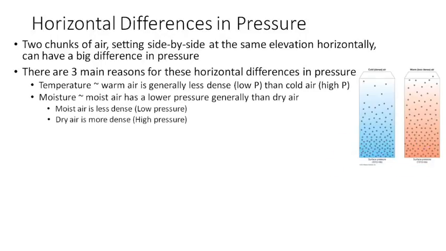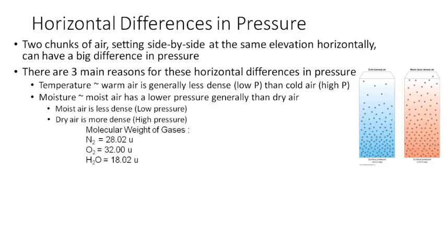Another way has to do with moisture, and we've talked about how different chunks of air can have different humidities. We talked about different air masses. Chunks of air that dwell over the ocean become moist. Okay, if their source region is over land, they're dry.